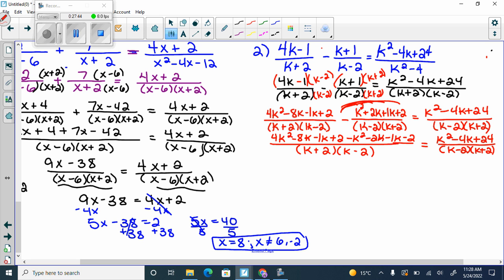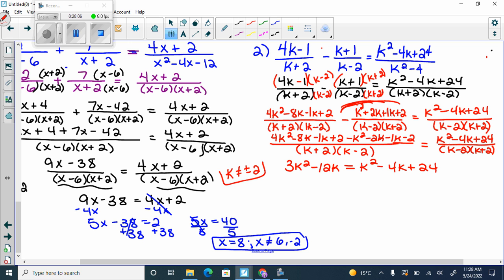So when we collect like terms on this side, we get 3k squared minus 8k minus 9k minus 11k minus 12k, and the 2's cancel. Equals k squared minus 4k plus 24. And the denominators, I'm going to cancel off, but I have to say k can't equal plus or minus 2 first.